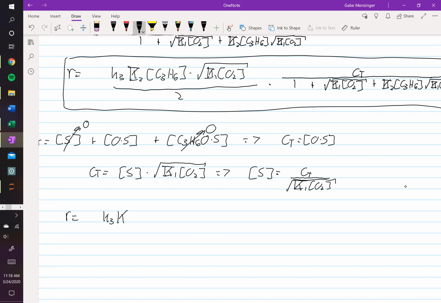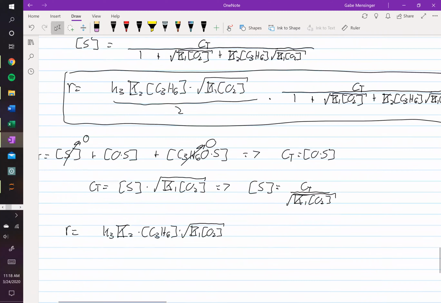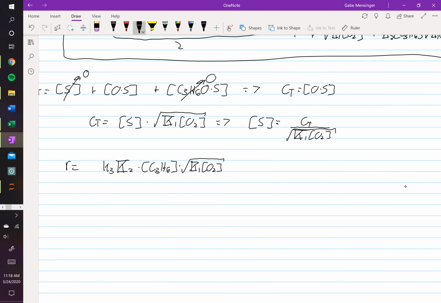K3 times K2 over 2, well, let's not do that yet, times the propylene times the square root of K1 O2, make sure I'm writing this right, times our concentration, and then times CT over 2 times square root of K1 O2.